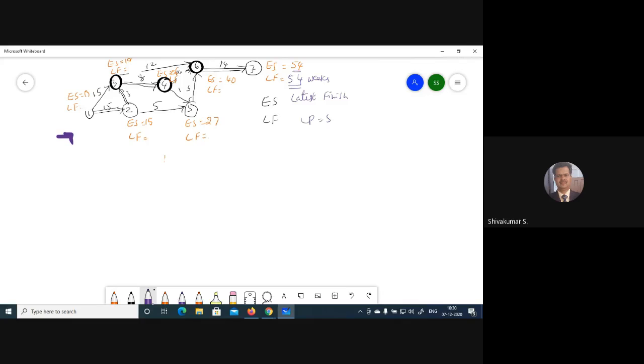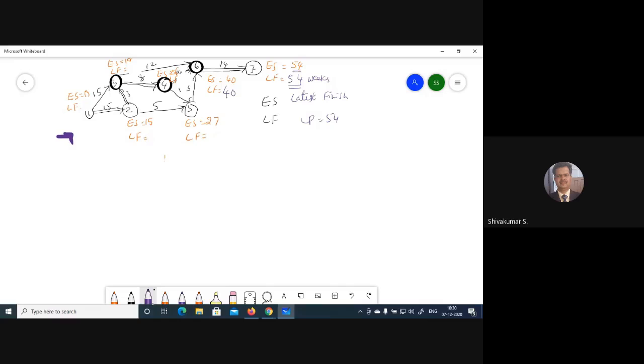Now back to the sixth event. We are finding the latest finishing time for the sixth event. Seventh event 54 weeks, so minus 14, it is 40. So this can finish, latest finish, by 40 weeks only.